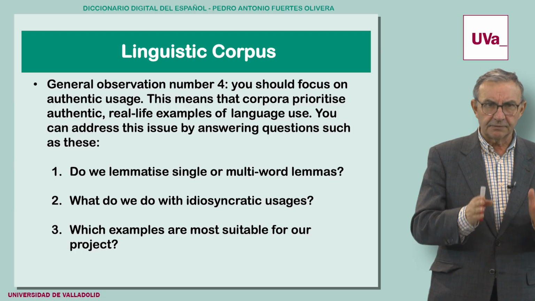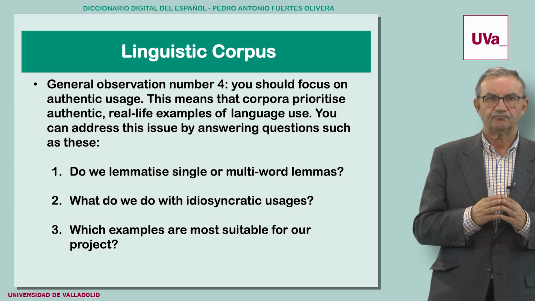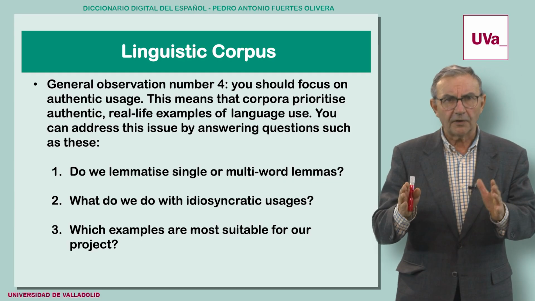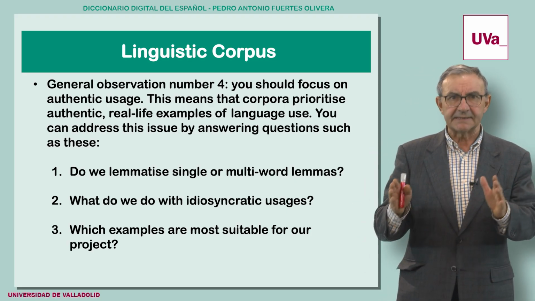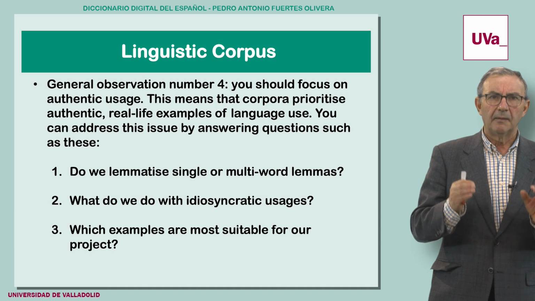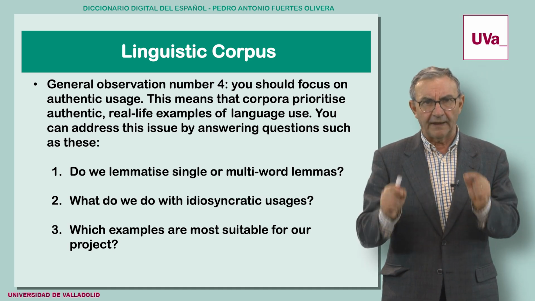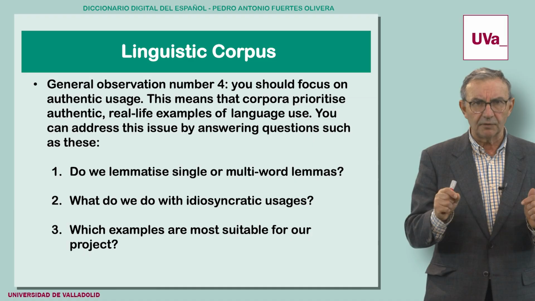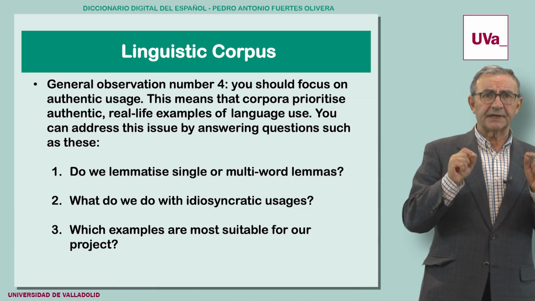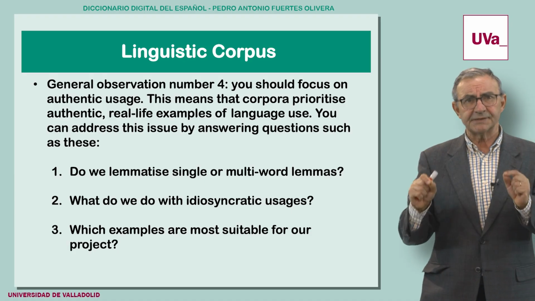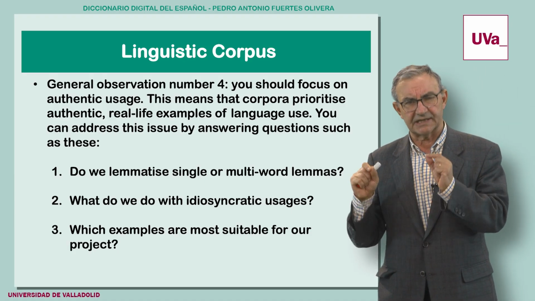General observation number 4. You should focus on authentic usage. This means that corpora prioritize authentic, real-life examples of language use. And you can address these issues by answering questions such as these.